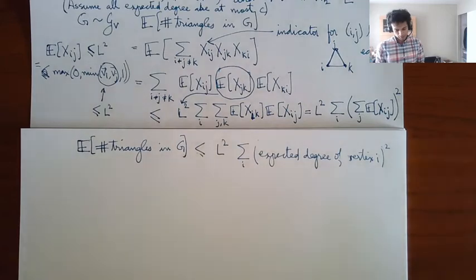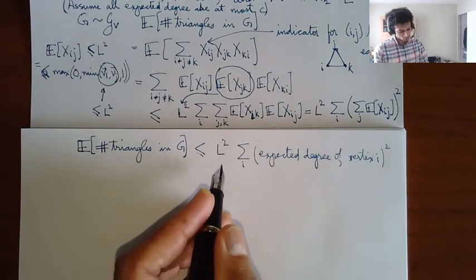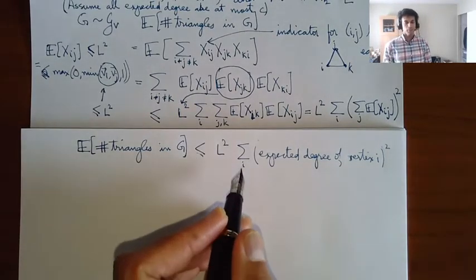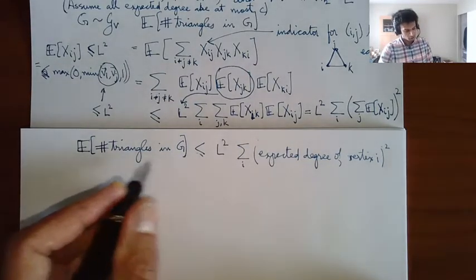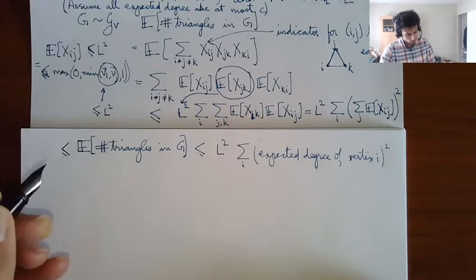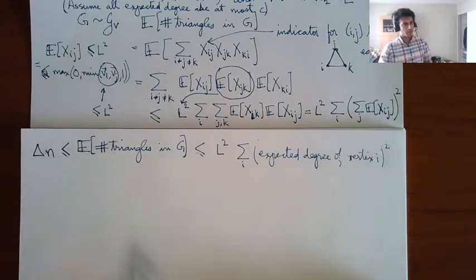So what I get is I bound the expected number of triangles. The expected number of triangles is at most L squared times the sum over I of the expected degree of vertex I. Now remember, this was at least delta times n.